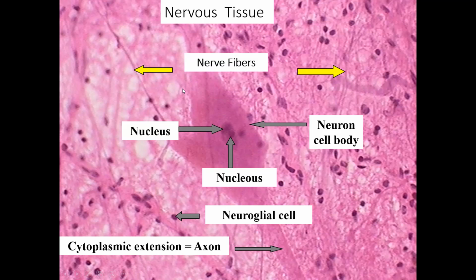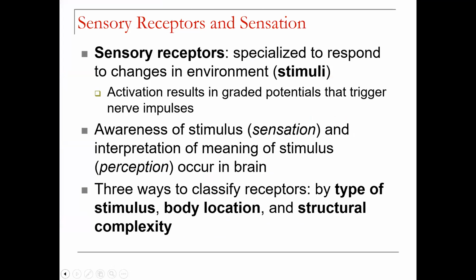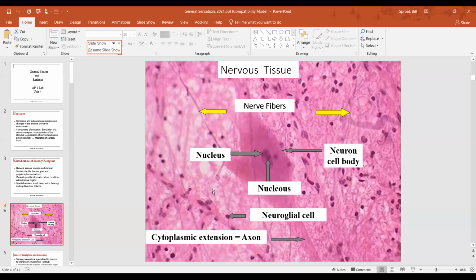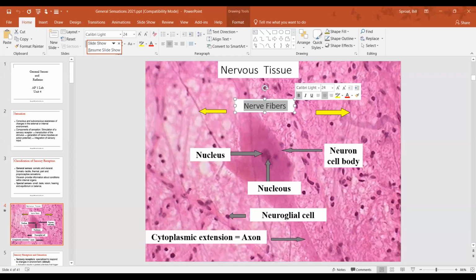In fact, I should probably call that a dendrite. I don't think it's a dendrite. Let me go back. I mean, the proper term is a dendrite. Change that real quick. There we go.